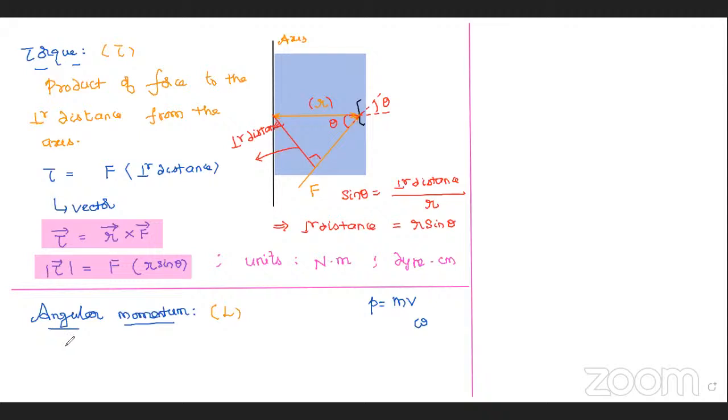It is defined as: angular momentum is the product of linear momentum to the perpendicular distance.